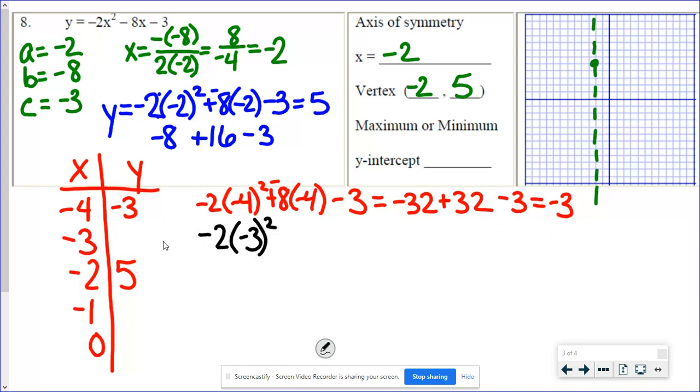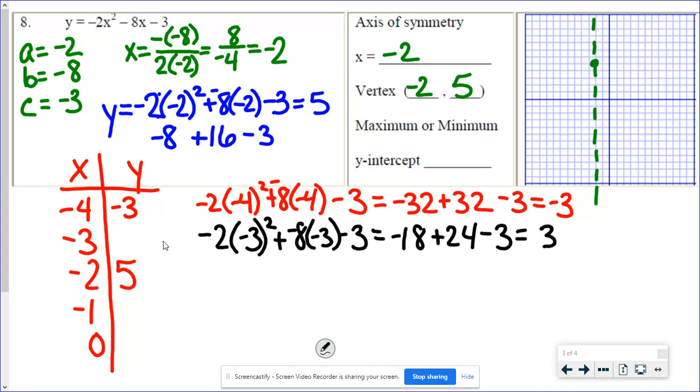So here's my substitution. Negative 3 squared is 9, times negative 2 is negative 18. Negative 8 times negative 3 is positive 24. So just adding those two together first, that would give me 6, minus 3 will give me 3 for my answer.